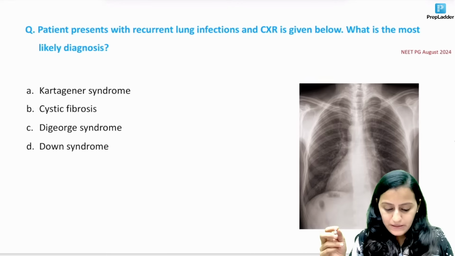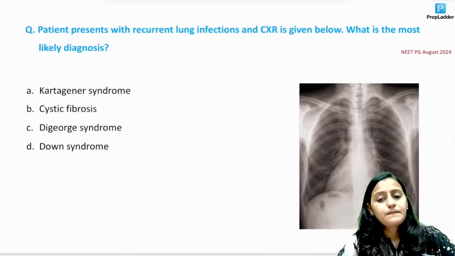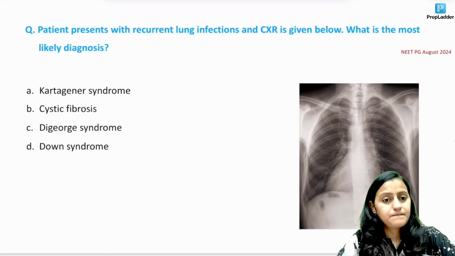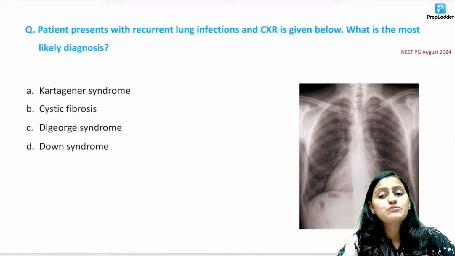Okay, next one. What will be the diagnosis in this case? Okay, Kartagener. Why Kartagener here? Because what you are seeing in this question is situs inversus.